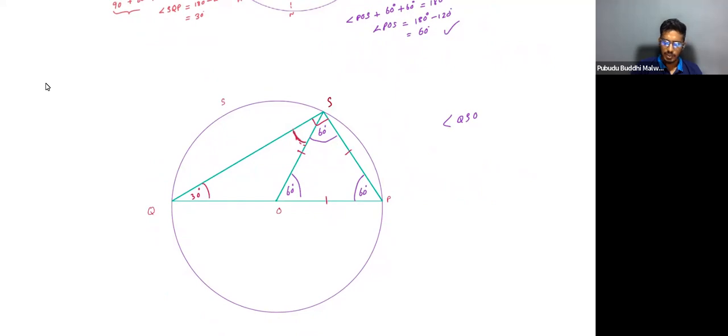For that, we can use that QSP angle. QSP, that total angle equals 90 degrees. So, sorry, QSP equals 90 degrees.